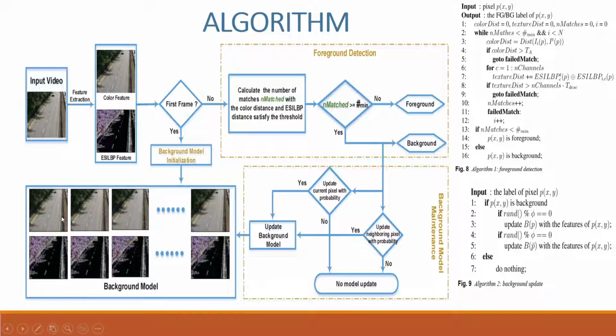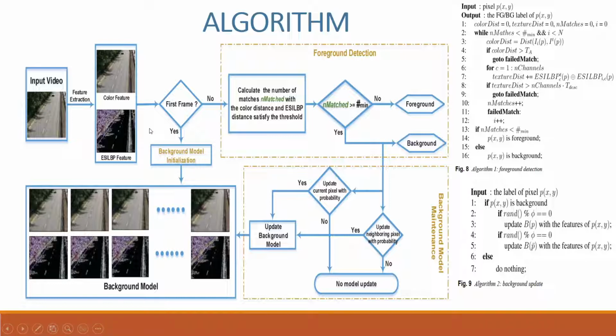By samples I mean the color features and the ESLBP features. So for each pixel of the frame, we take 20 such samples. For pixel 1 there would be 20 samples, for pixel 2 there would be 20 samples, and likewise.